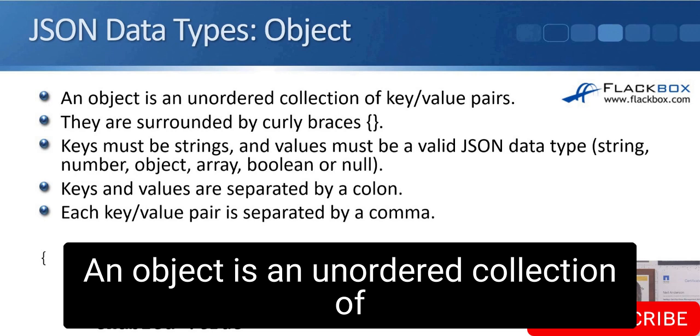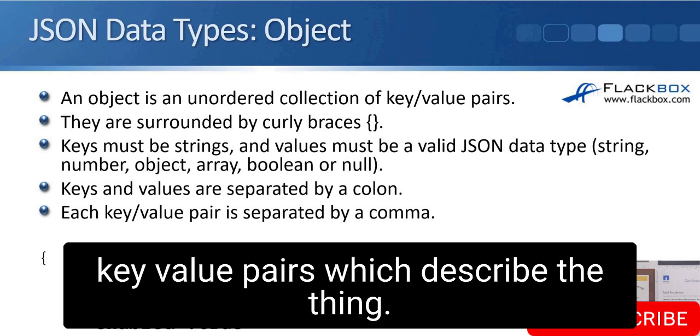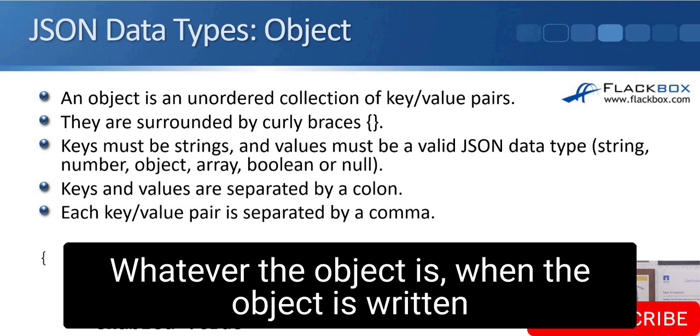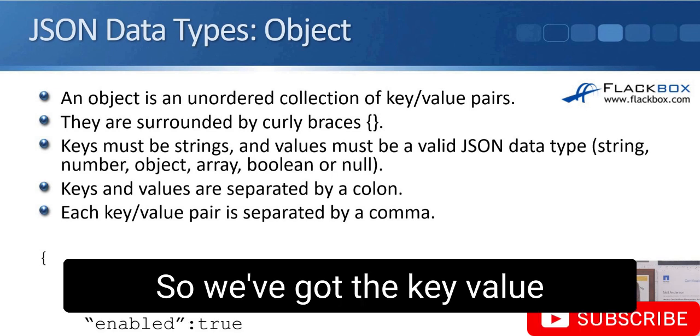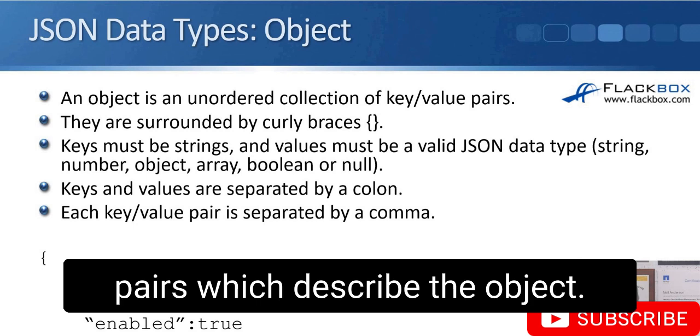An object is an unordered collection of key value pairs which describe the thing, whatever the object is. When the object is written in JSON format, it is surrounded by curly braces. So we've got the key value pairs which describe the object.